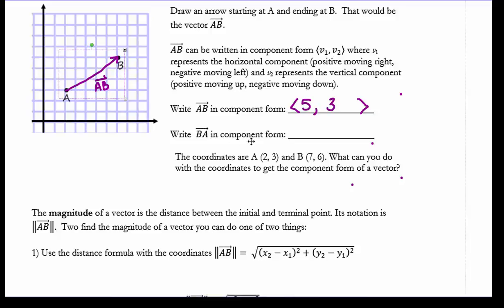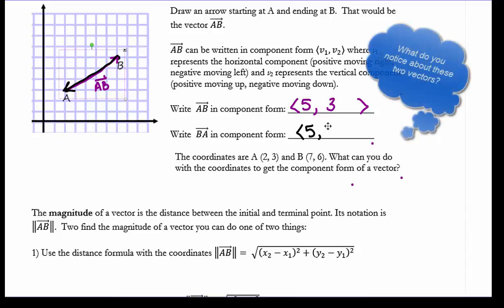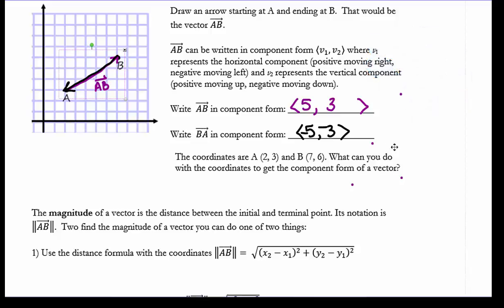If I want to write BA in component form, it's going to go in the other direction. If I draw it moving backwards, I now went 5 left and 3 down. So that's going to be 5, 3, but since I went left and down, I negate them both. So the coordinates of A are (2, 3), and the coordinates of B were (7, 6).